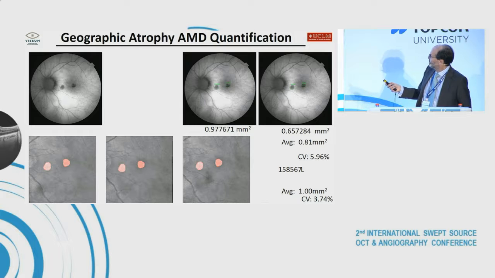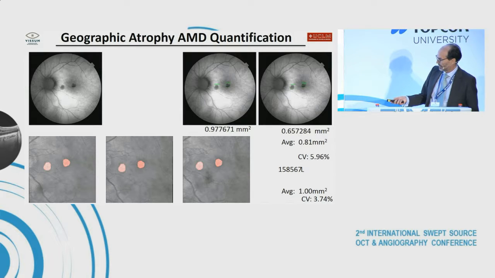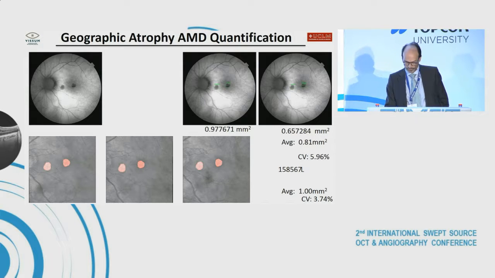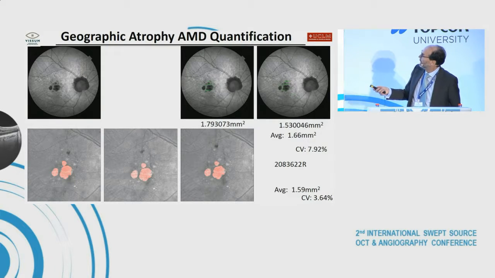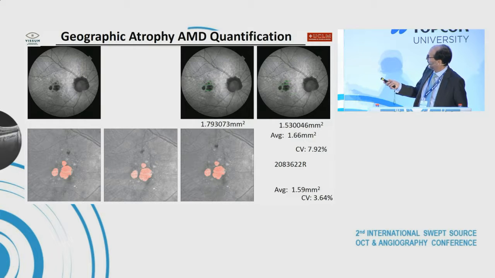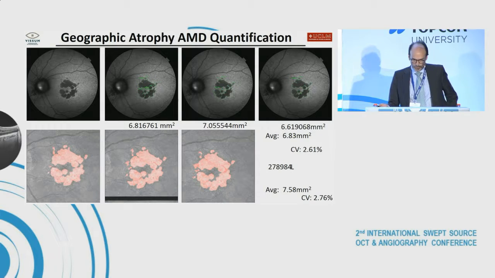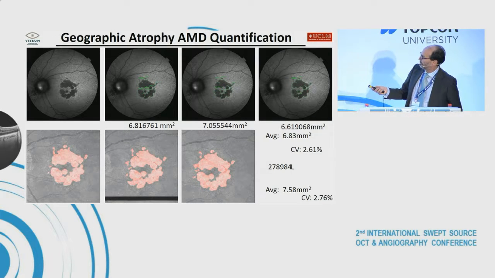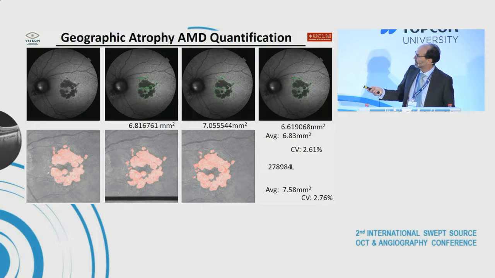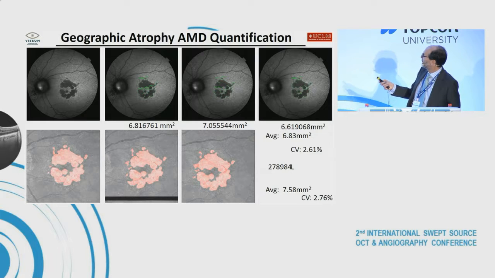This is another case with two lesions, very clearly defined by the automatic software, the mean of the lesions, manual versus automatic, and the coefficient of variation, in this case similar to the others, bigger with the manual determination. Another lesion, this is the measurement manual versus automatic, and the data, the average of the manual versus automatic, of the coefficient of variation. More complicated cases, a difficult lesion to study with irregular borders, with multiple lesions.